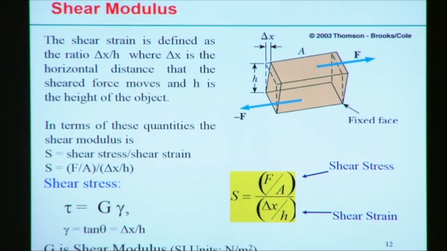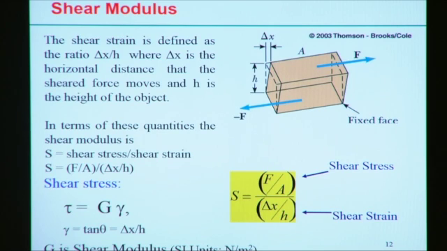The shear stress is defined as the force F divided by the cross-sectional area A, but it is noteworthy that this cross-sectional area is acting parallel to the application of the force.